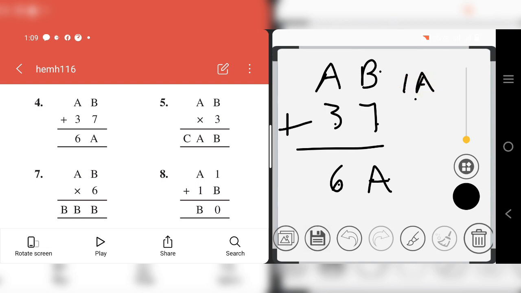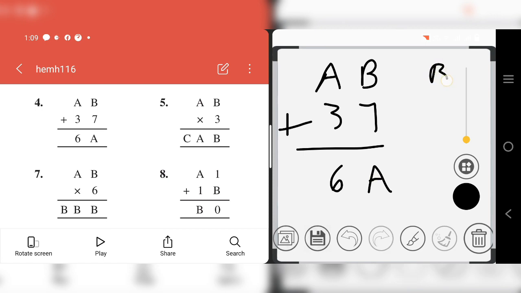So 1a will be coming when these two digits are added, and a will be as it is here, and 1 will go here. So 1 plus 3 is 4, but we want to get 6, so let's take the value of a as 2.